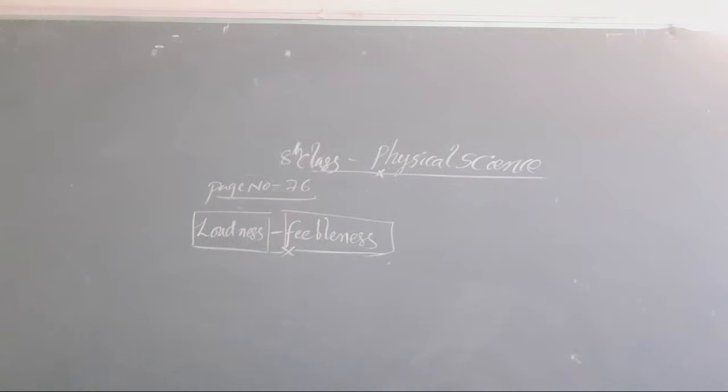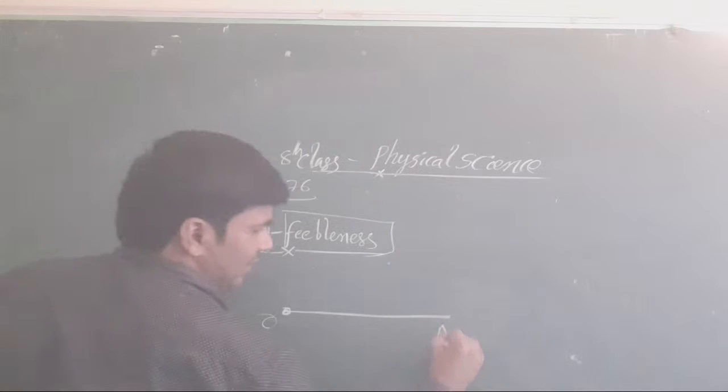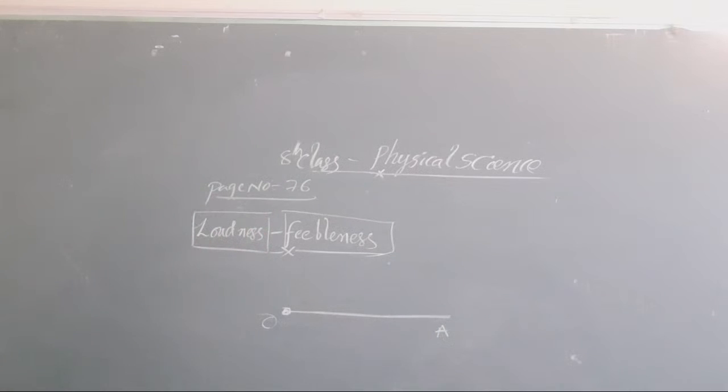What is going on in our experiment? Simply, we have to take it as a fixed position. It is our scale. This is taken as the point V, and now this is taken as A here. Clear or not, all of you?